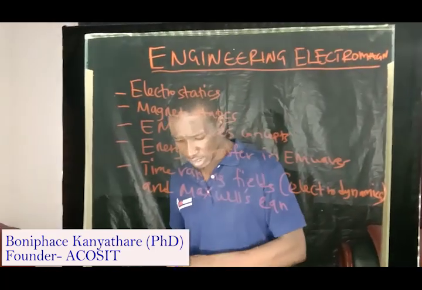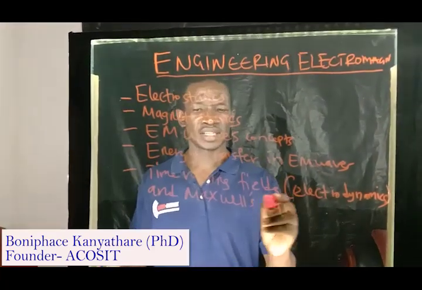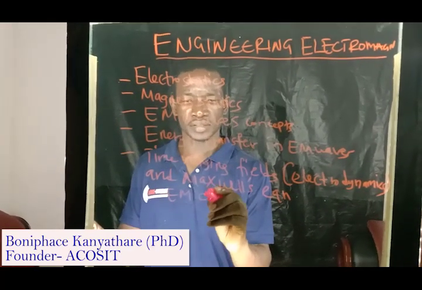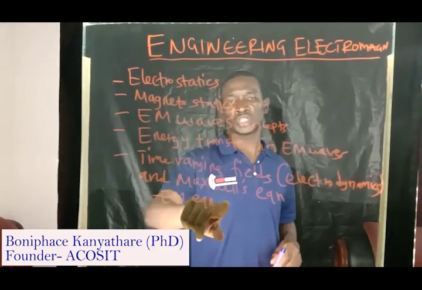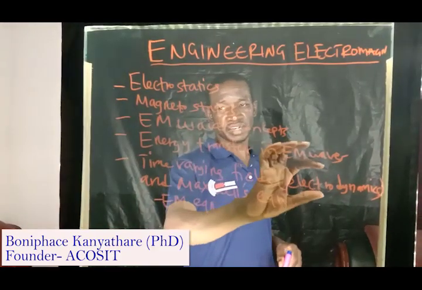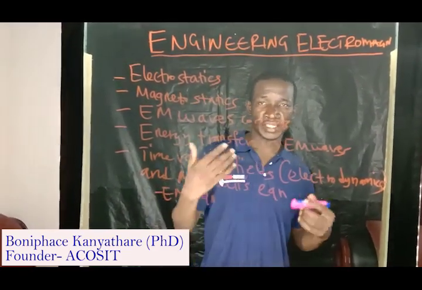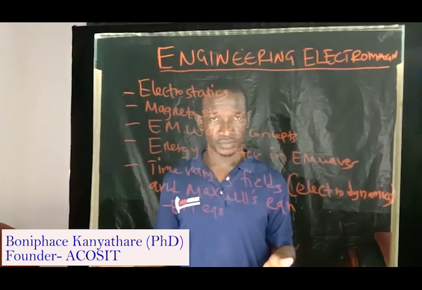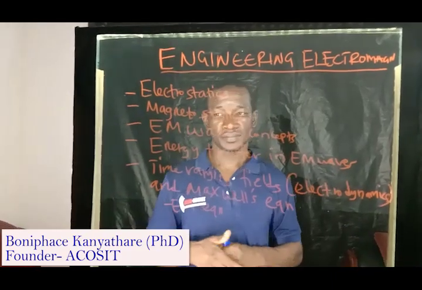And then we can use Maxwell's equations to formulate the electromagnetic wave equation. So after we've gone through time varying fields and Maxwell's equations, we're going to deduce the electromagnetic wave equation and see how electromagnetic waves actually behave in space and with varying times.